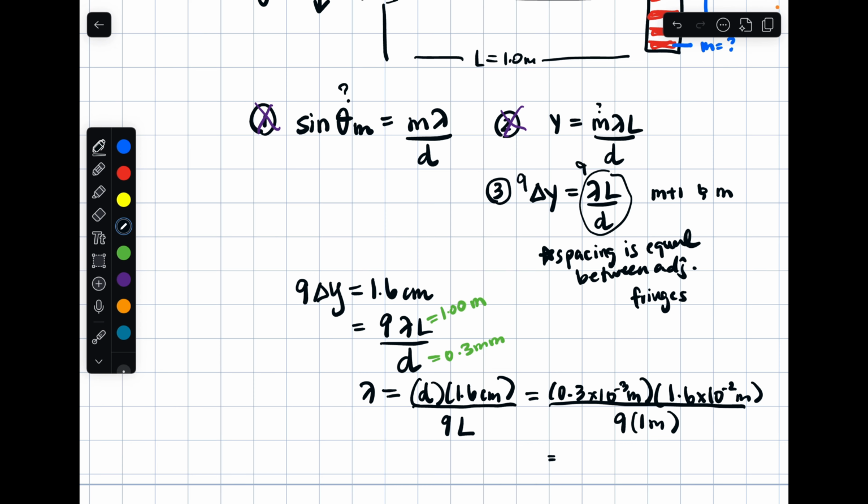So our wavelength, which we expect to be in the visible range, or else we wouldn't have been able to see the fringes at all, is going to be 533 nanometers. 533 times 10 to the minus 9, or if you're in your calculator, you probably got 5.3 times 10 to the minus 7, just 533 nanometers, which is in the visible light range.